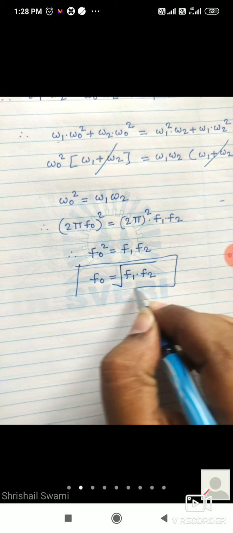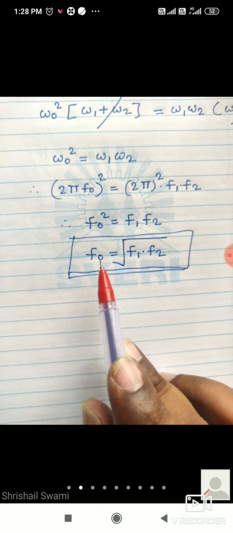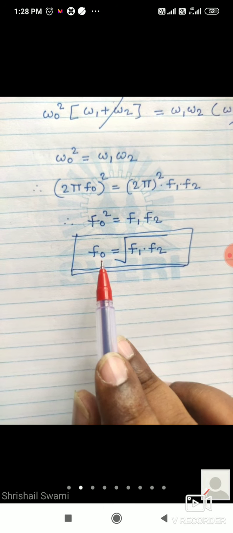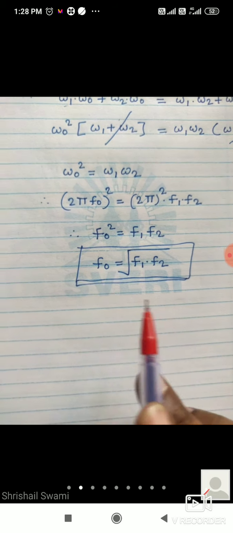So f0 is equal to under square root f1 into f2. This is the final relation. From this what we can say: omega 0 is the angular resonant frequency and f0 is the resonant frequency.